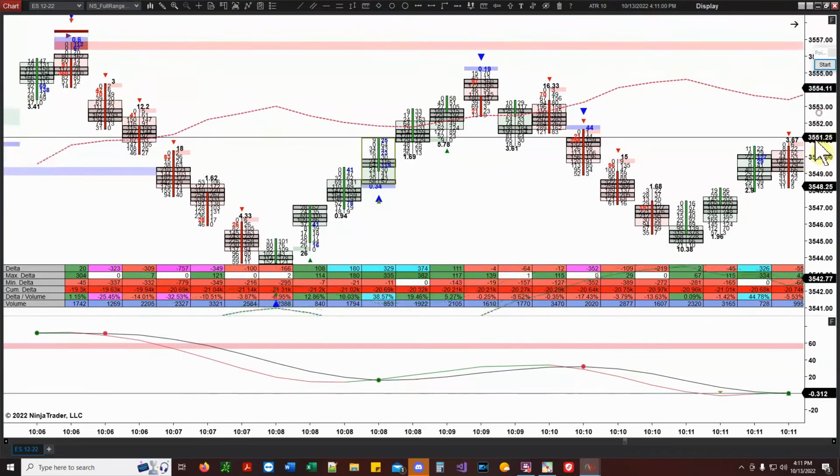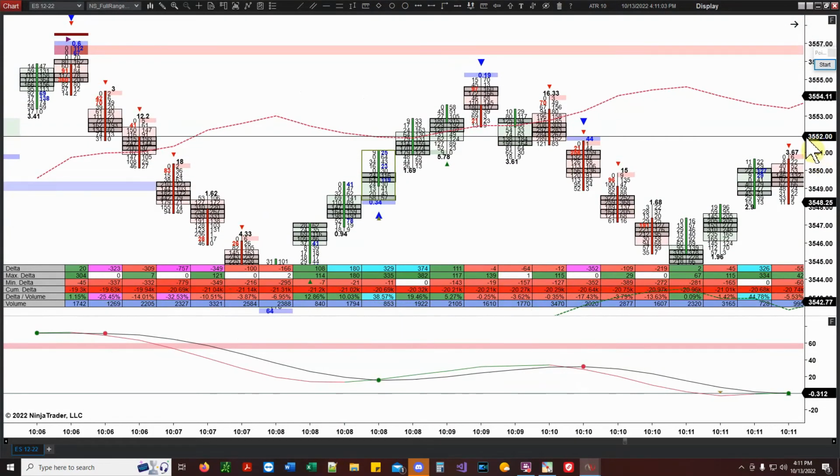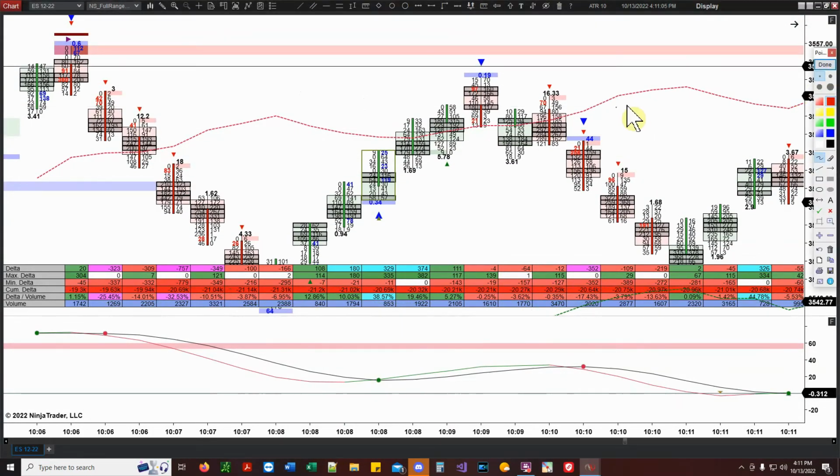Here we are again. Ratio. You got 70 buyers here. Then it goes to 3. Then you got another ratio here. That's a scalp, and only 1 there.